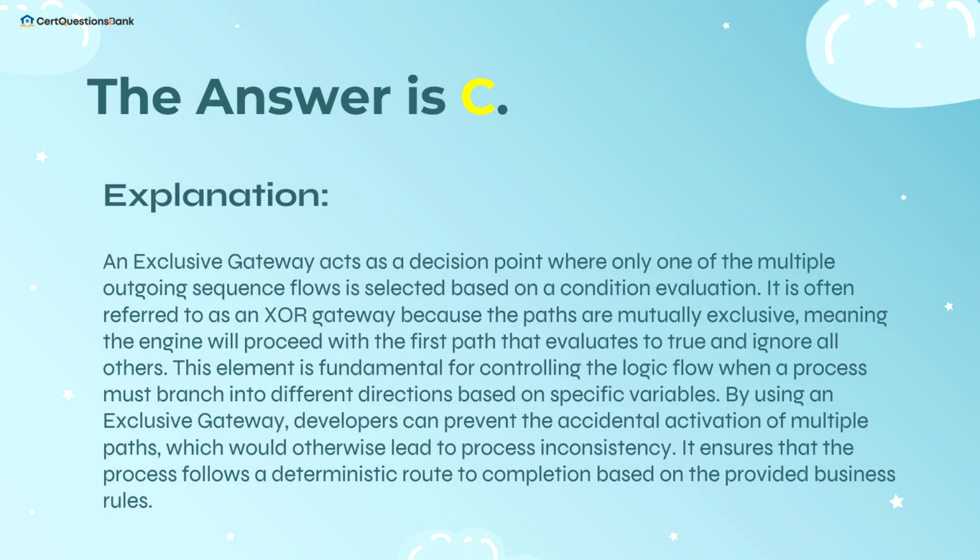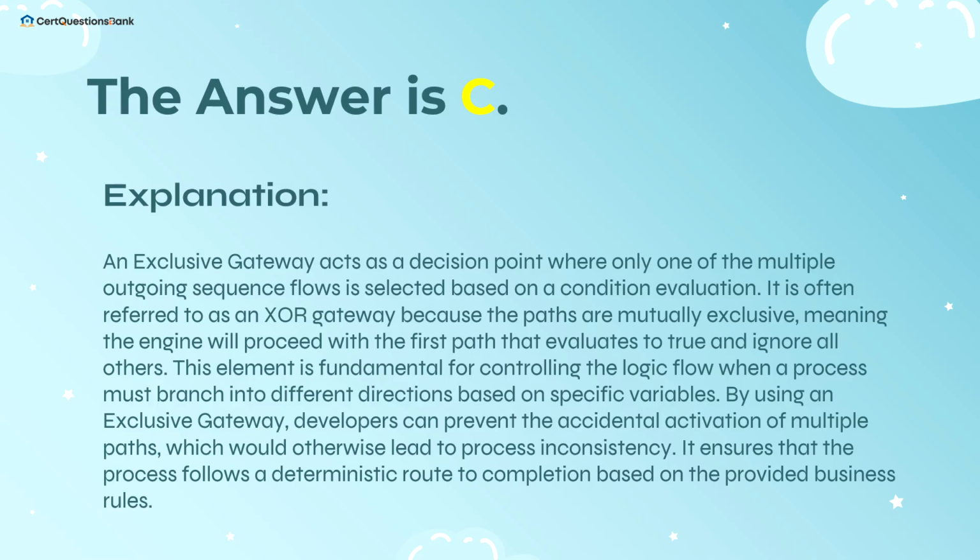An exclusive gateway acts as a decision point where only one of the multiple outgoing sequence flows is selected based on a condition evaluation. It is often referred to as an XOR gateway because the paths are mutually exclusive, meaning the engine will proceed with the first path that evaluates to true and ignore all others.